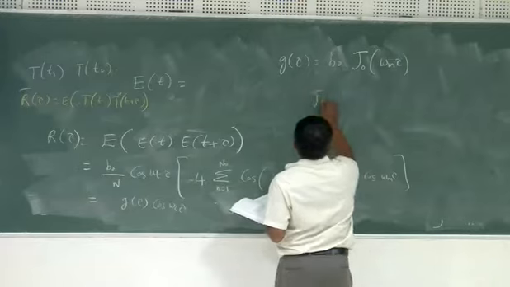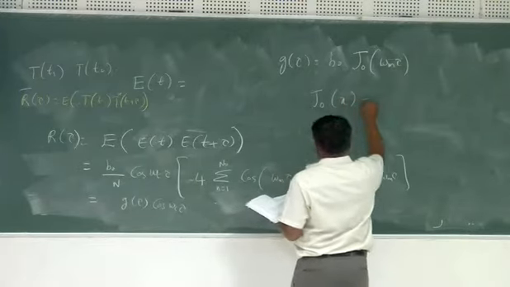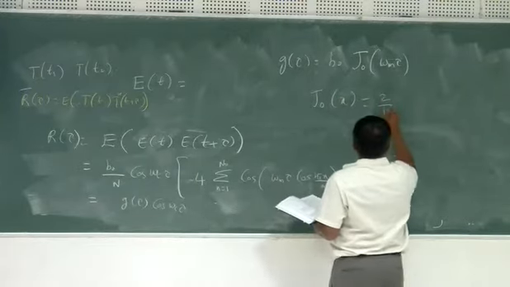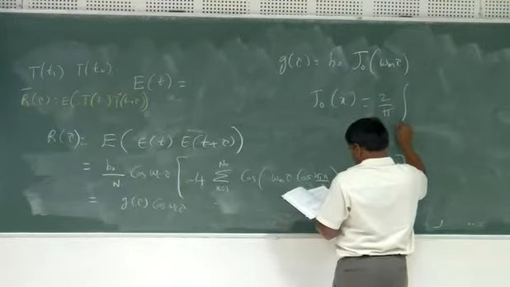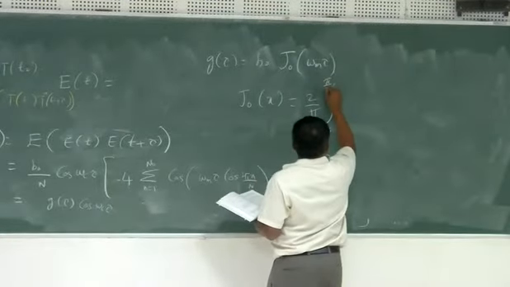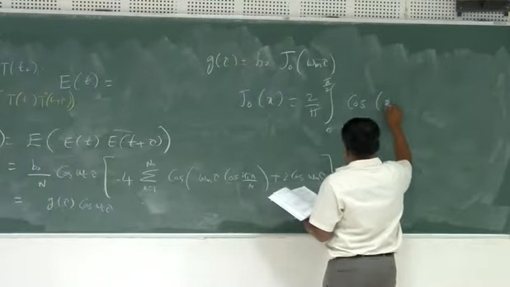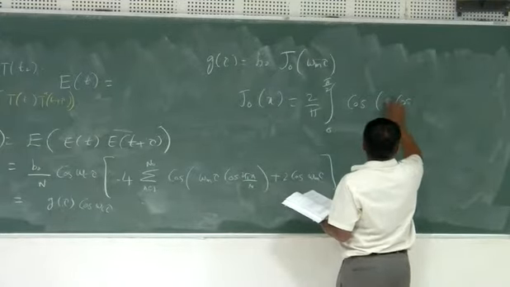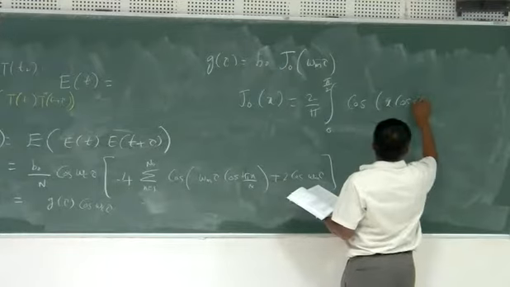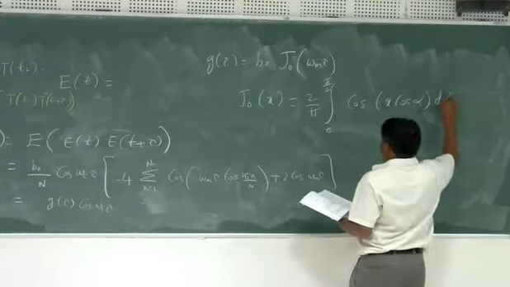Don't worry about that constant. This J0 of x is defined as 2 by pi integral of sin of x cos alpha d alpha.